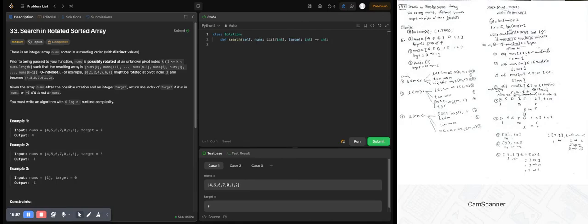So again, in the first case, if the target is greater than left, or target is less than the mid, then we choose the left hand side.